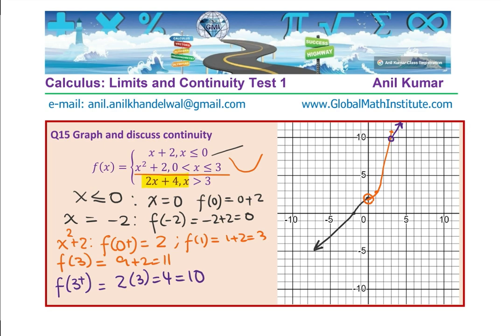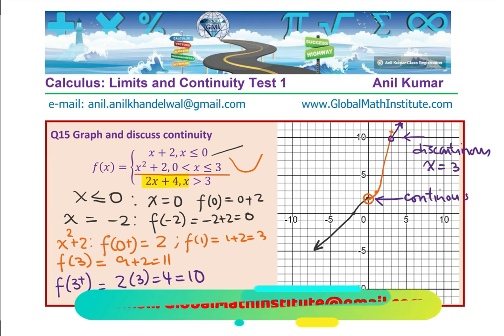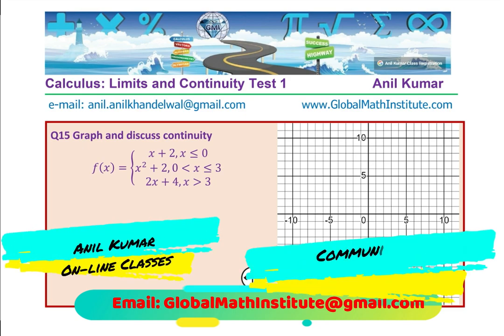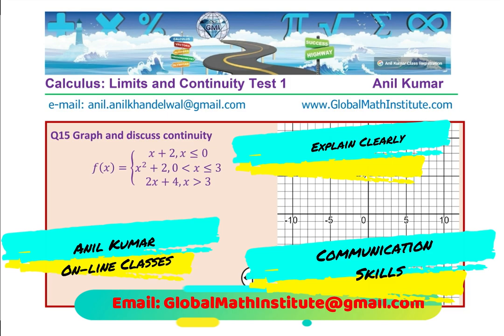As you can clearly see, the graph is continuous at 0, but discontinuous at 3. Correct? If you look at it carefully, the graph we just created, I'm not making it on the graph paper this time, since that is very small and you cannot really appreciate it.